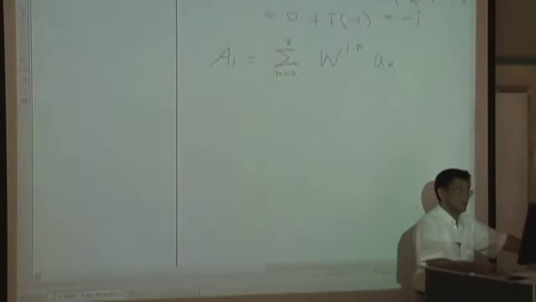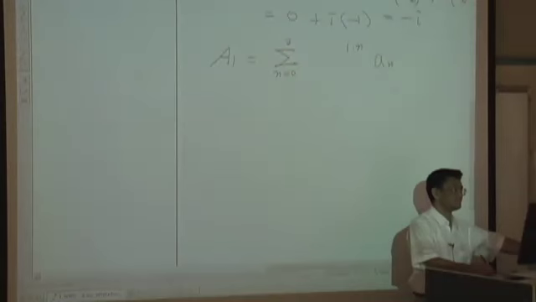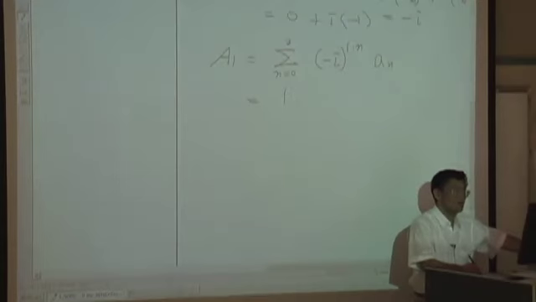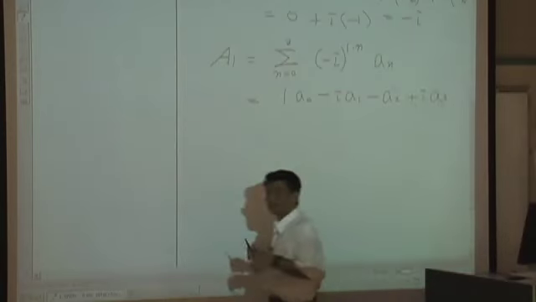And then if I expand, but before expanding, I will handle W. W is negative I. Then A0 minus I A1 minus 1 A2 plus I A3 is the result. If you don't understand, ask.